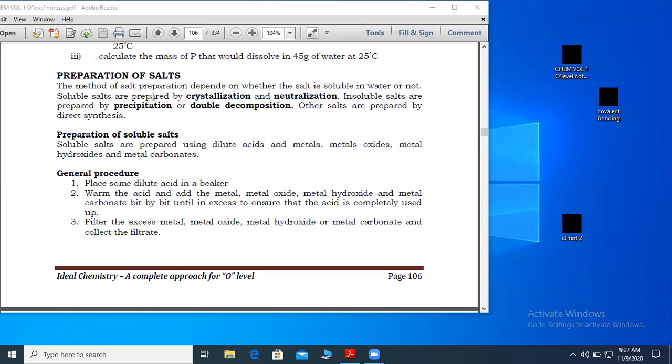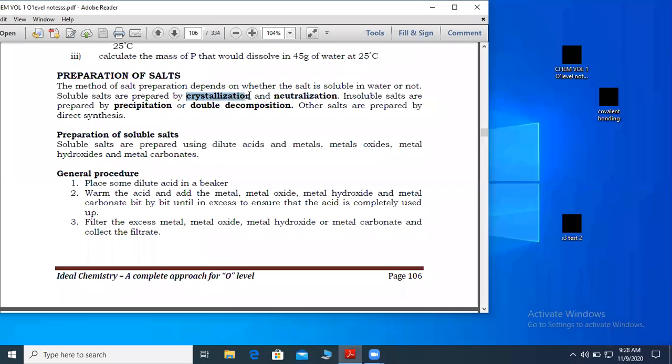So, preparation of salts depends on whether the salt is soluble or not. We said soluble salts are prepared by crystallization and neutralization. Remember, we use neutralization to prepare salts of sodium, ammonium, and potassium, whose carbonates and oxides are soluble in water. So neutralization is only for salts of sodium, potassium, and ammonium.